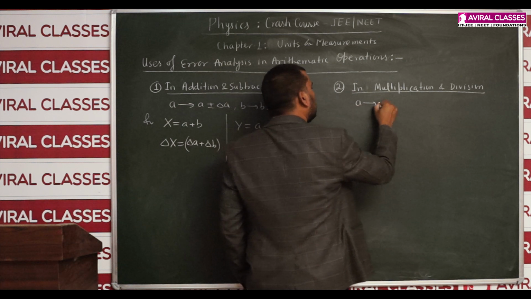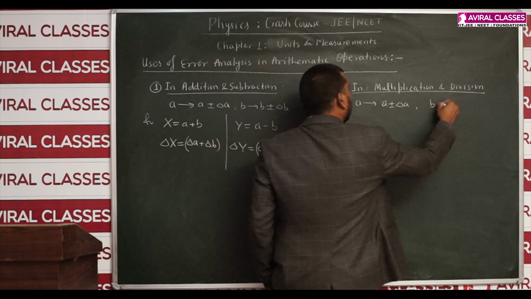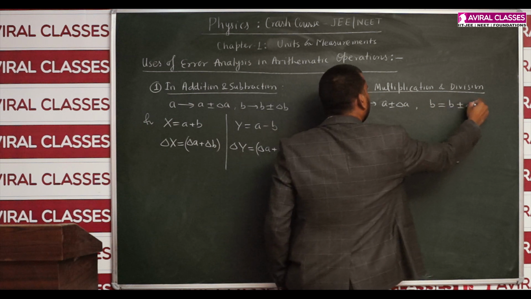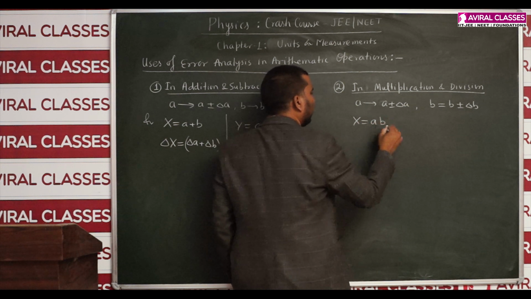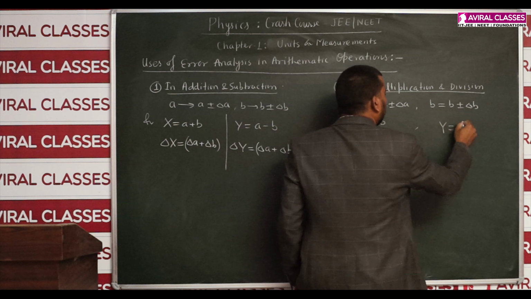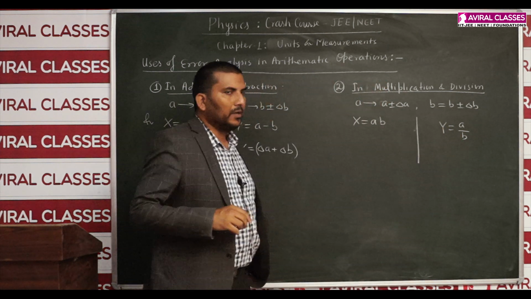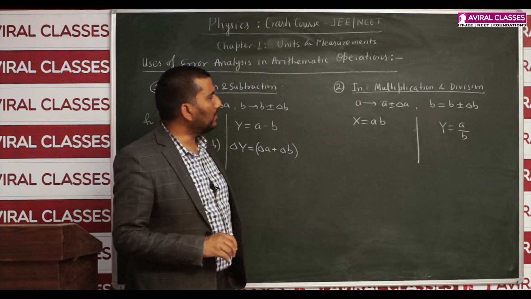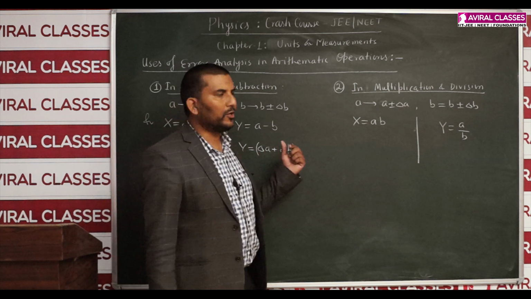Again consider A is a plus minus delta a, B is b plus minus delta b, and you want to get x equals a b, and y equals a upon b. Here, the rule before was for absolute errors. Now the rule is different.